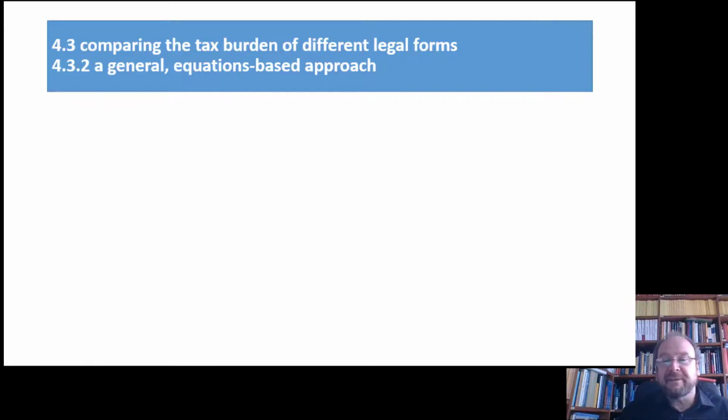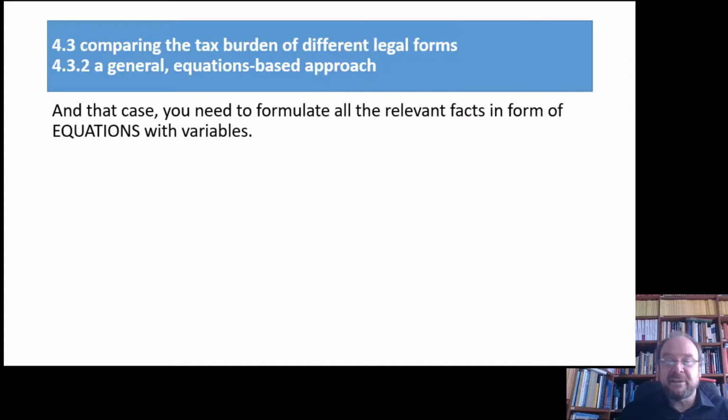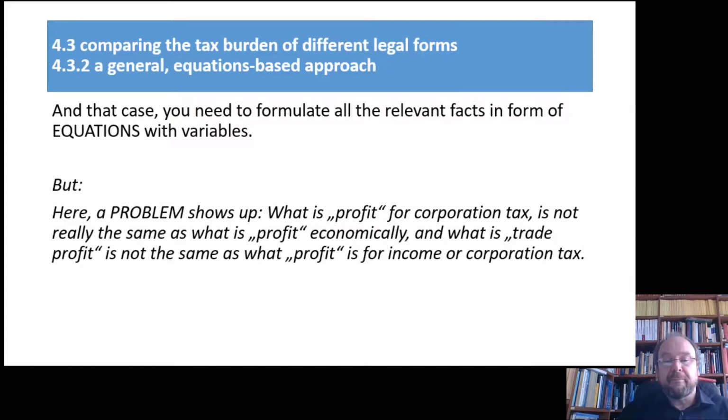The general idea is that you need to formulate all the relevant facts which determine the total tax burden in the form of equations or mathematical terms, so with variables. Here a problem shows up.